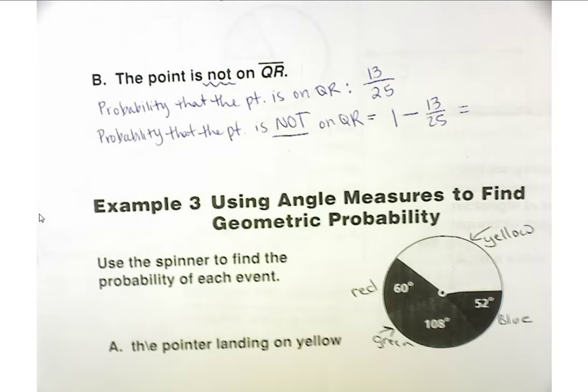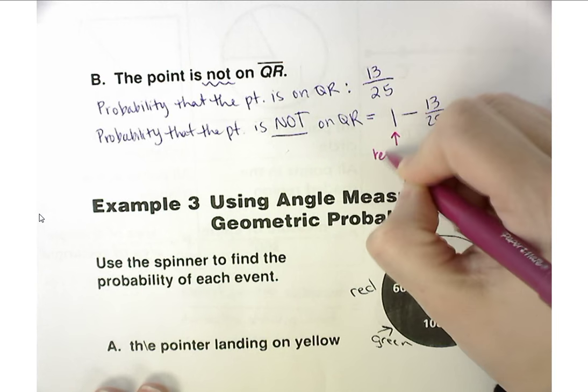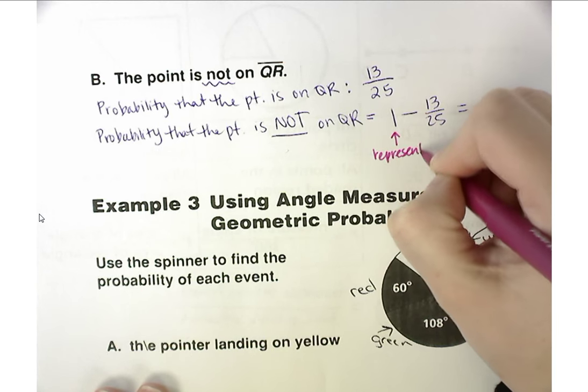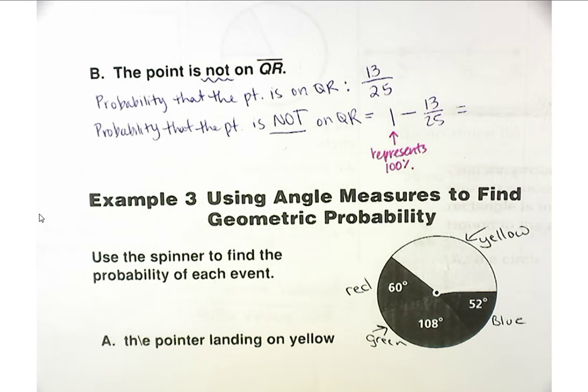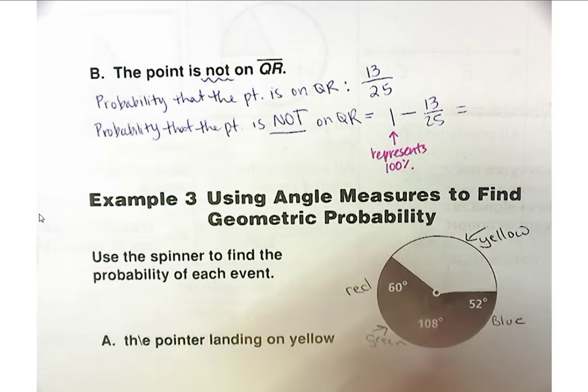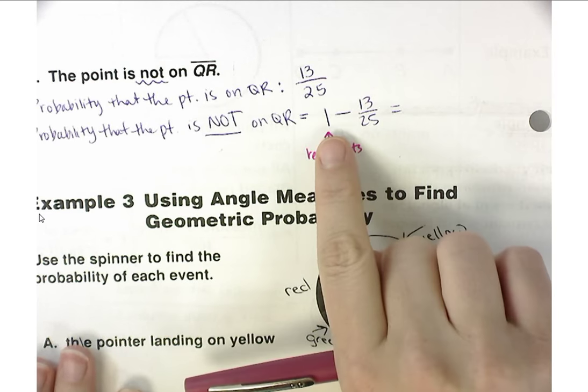Okay, so again, remember, 1 represents 100%. When you have percents, you can just change them into their decimal counterpart. So for 100%, that would change to 1. So if I'm going to do 1 minus 13 over 25, we want to get a common denominator.